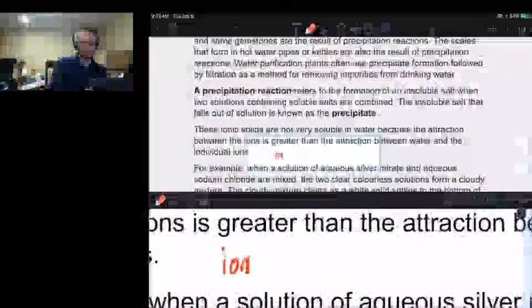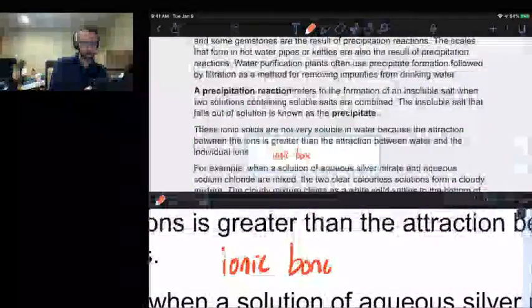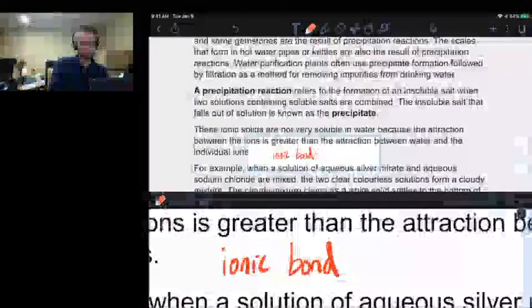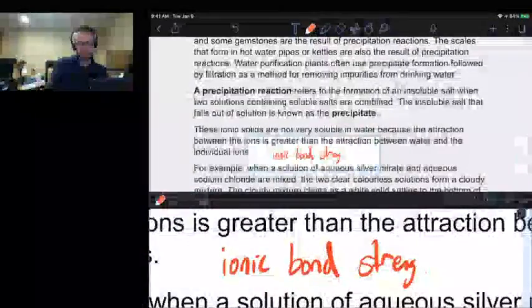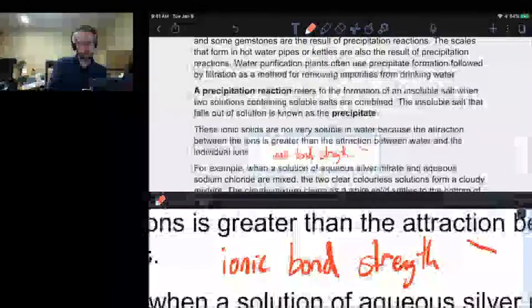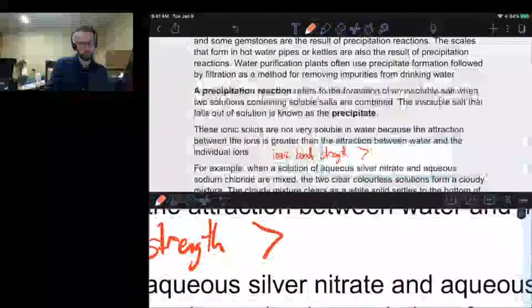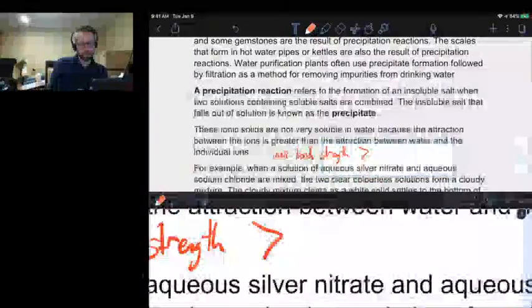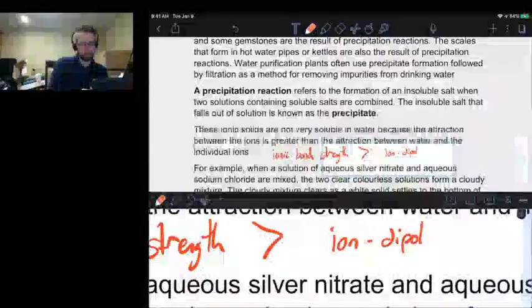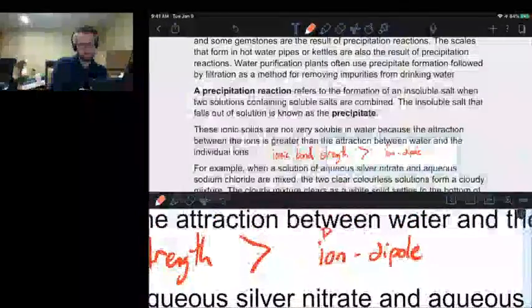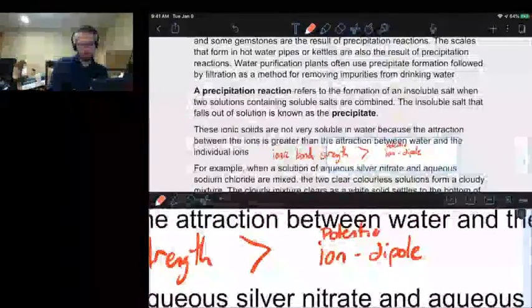So usually we're thinking about the ionic bond strength here being greater than the potential ion-dipole interaction.